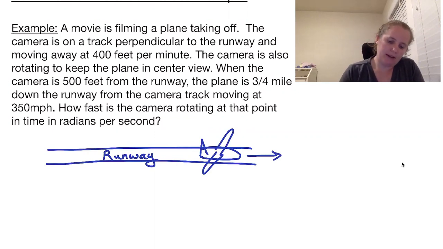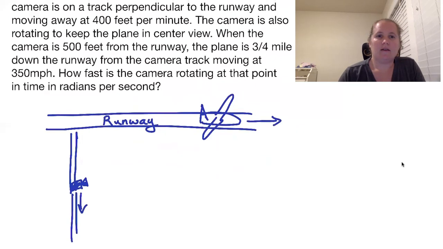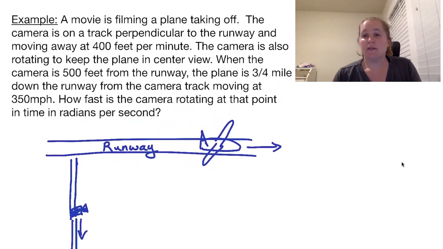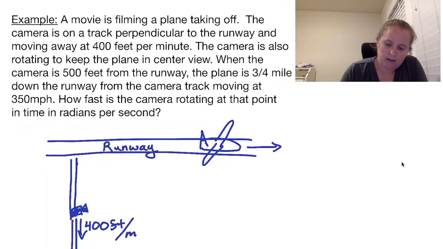And then we have our camera track, which is perpendicular. Here's our camera. And our camera is going along the track away from the runway. And the camera is going at a steady 400 feet per minute.